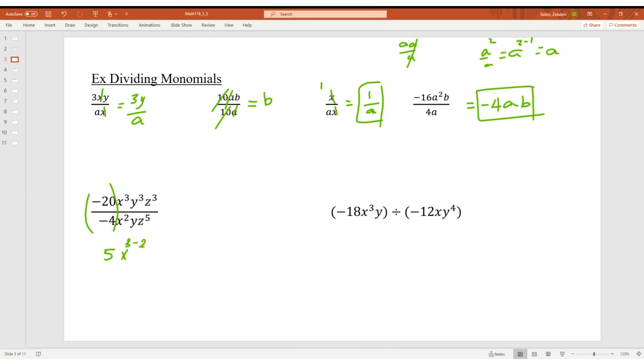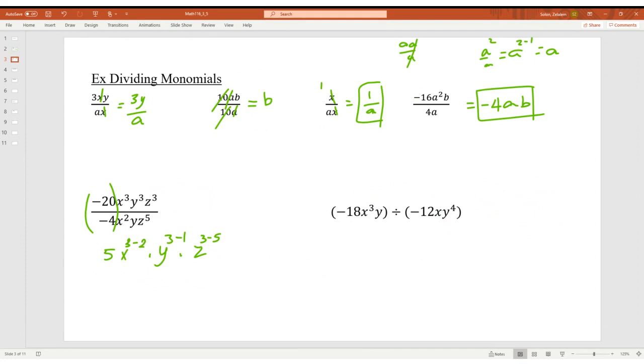Because this is division, you subtract the powers. Times y to the power of, we have 3 in the numerator, 1 in the denominator, 3 minus 1. Times z to the power of 3 minus 5. Just the top minus the bottom.